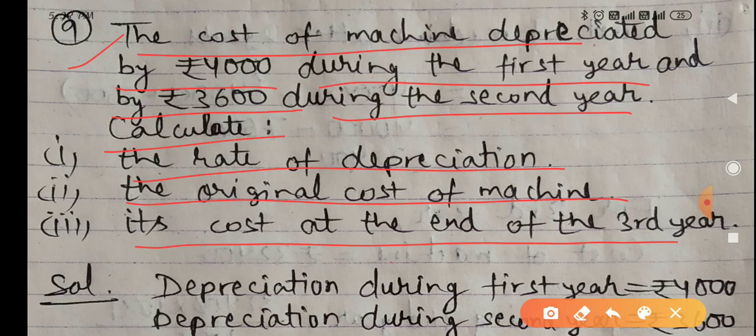Keep in mind, suppose the cost of a machine, or population, increases every year with the same rate, or decreases every year with the same rate, then what will be the cost after the first year, after the second year, you can calculate with the help of the method which you use in calculating compound interest.